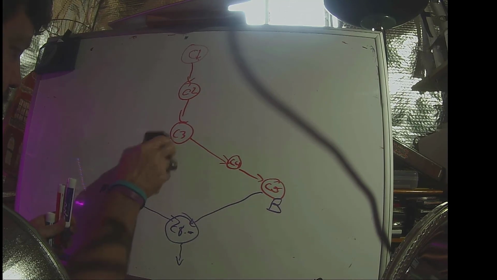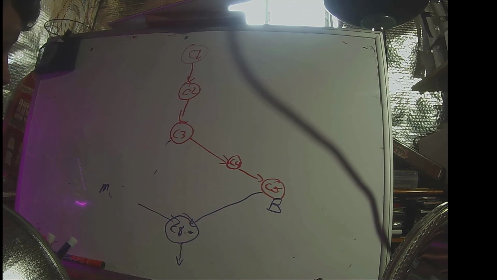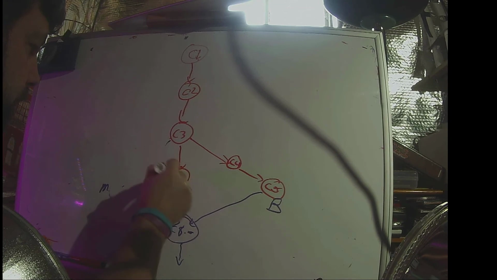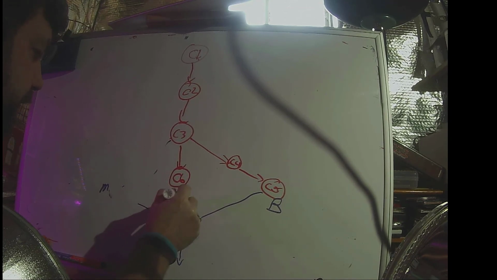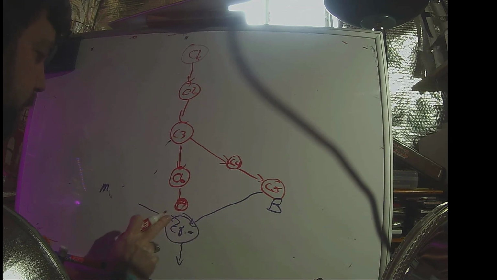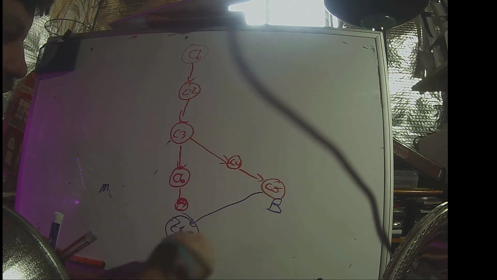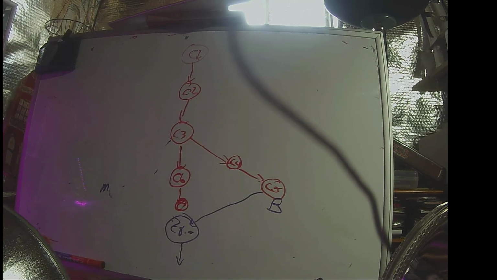It would probably look more like this, right? So this branch that comes out is explicitly represented in the code.